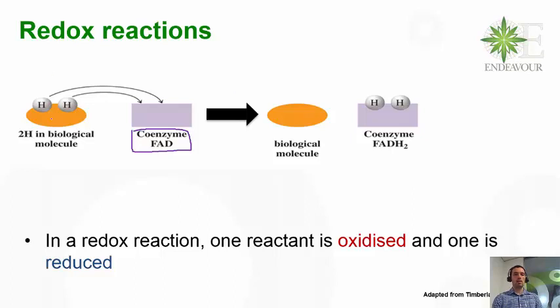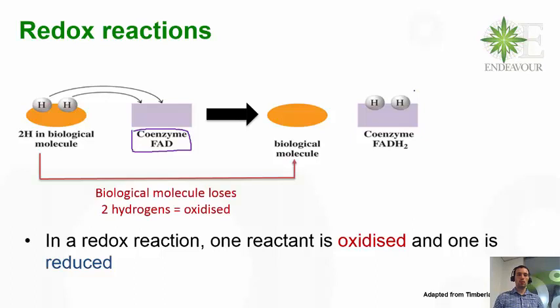So in this case, the FAD is actually gaining hydrogen. So we can see that that means that the other component, which is the biological molecule shown in orange here, must actually be losing hydrogen. And you can see that signified by these arrows here. So we've got the two hydrogens coming off the orange biological molecule and being moved onto the coenzyme. And we can see the result of that on the product side here, where we've got the coenzyme with the additional two hydrogens.